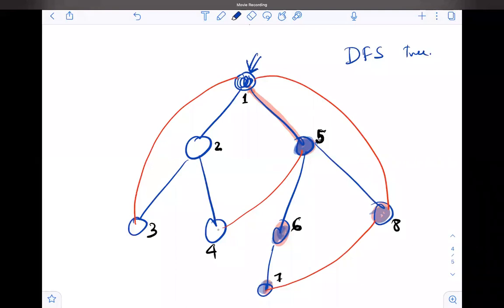So in that case, it could not have been that 5 was colored blue first. It must have been that 4 was colored. So this edge would have been picked up as a tree edge, and not a non-tree edge, right?